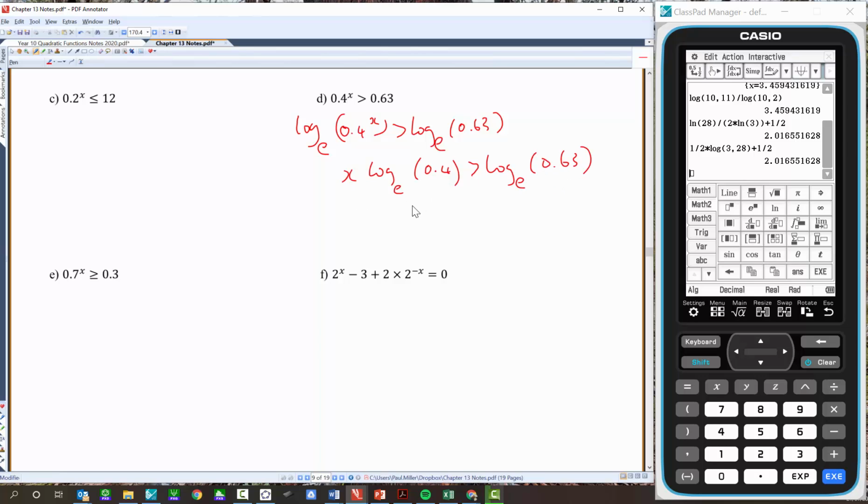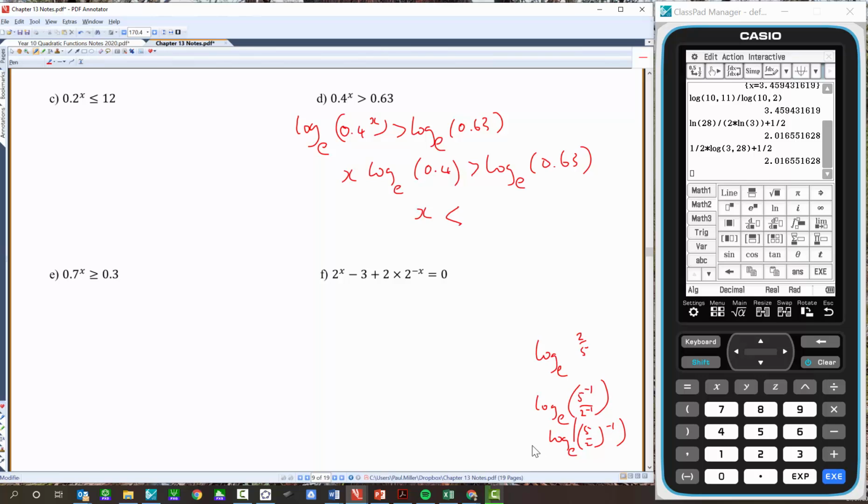All right, now I'm going to solve for x. So now I'm going to divide by log base e of 0.4. Now again, why am I doing that? Quick explanation one more time. 0.4 is 4/10, which is 2 on 5. Now what I'm going to do is rewrite that as log base e, and I'm going to write it as 5 to the negative 1 over 2 to the negative 1, which is the same as log base e of 5 on 2 to the negative 1.